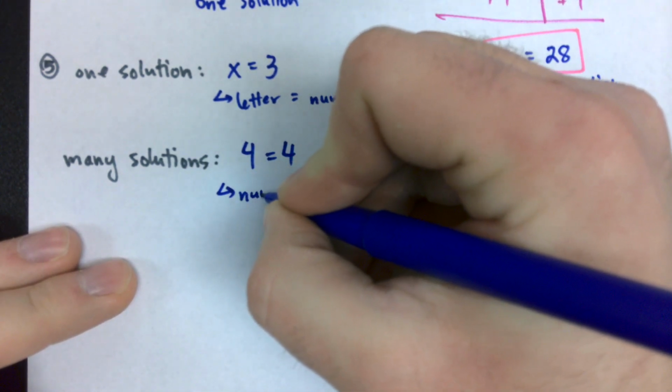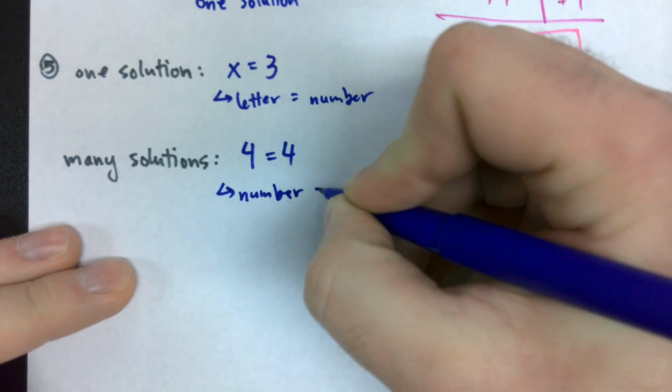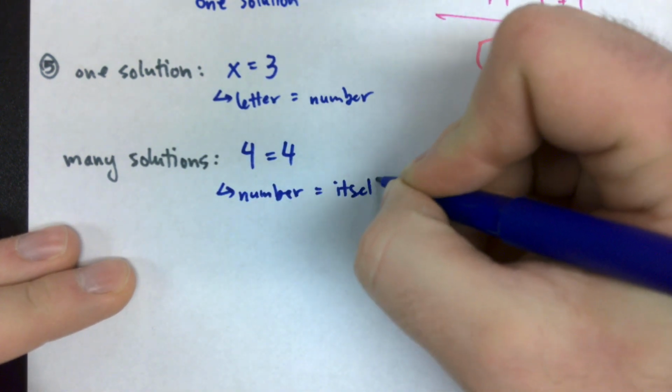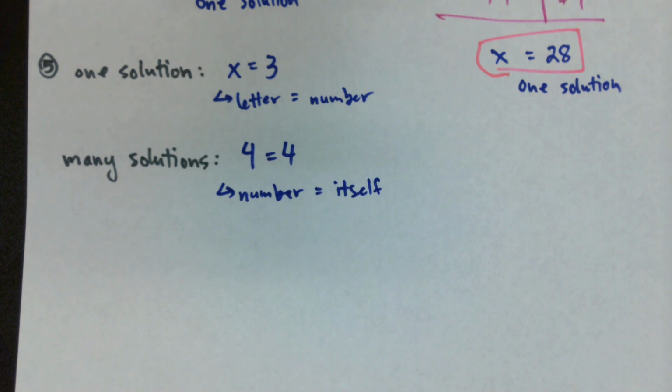We know that we have infinitely many solutions when we have a number that equals itself. 4 equals 4, 0 equals 0. Even something like 2x equals 2x. If it's the exact same on the left and the right, you have infinitely many solutions.